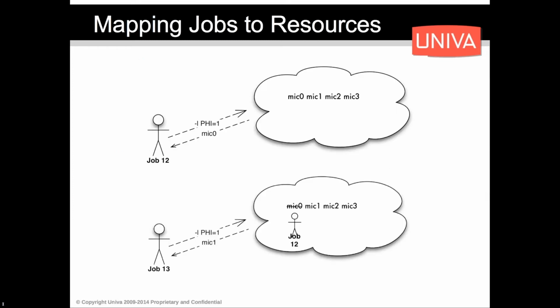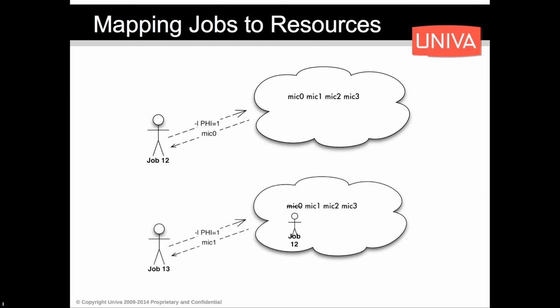Here in our example, job 12 is requesting one phi resource. Then the scheduler is looking into the resource map and figures out that all 4 mics which are configured for a particular host, for example, are free. Then the scheduler assigns the job the first mic which is found.